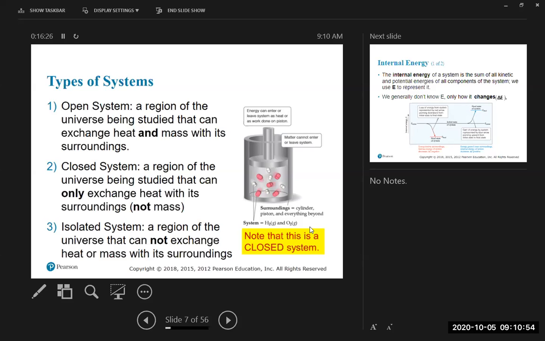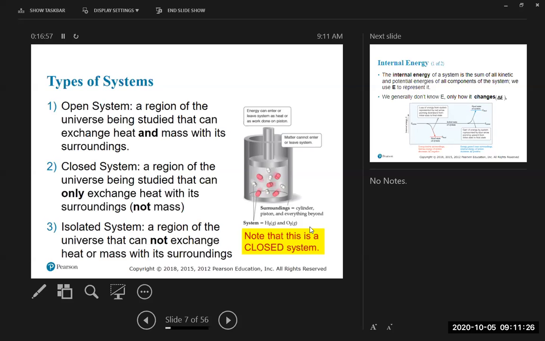And so if you do something to that system to cause a change with the hydrogen and oxygen, a couple things can happen. One is you can give heat off, or heat can go in, or that piston can move up or the piston can go down. And if the piston is moving, what kind of energy is that? That would be work, okay?